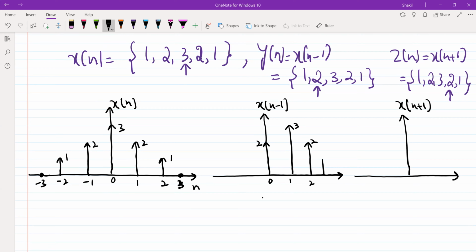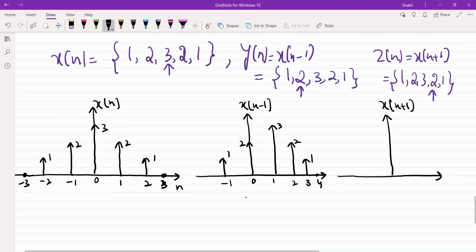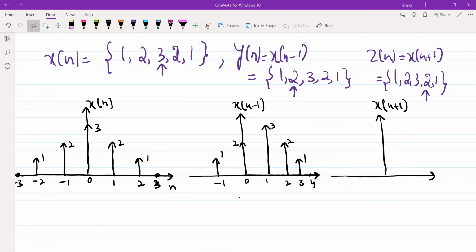The value of the sequence at n equal to 3 is 1, and at n equal to 4, the value of the sequence is 0. Now the value of this sequence at n equal to minus 1 is 1. Now similarly, values of x of n plus 1, which is same as z of n.